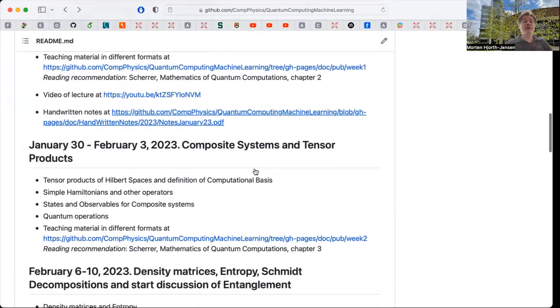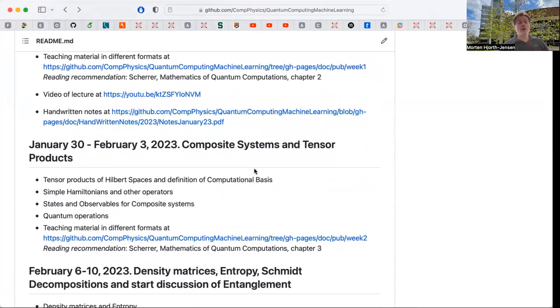Now, for this specific week, what we are going to continue with is the definition of tensor products and the definition of a computational basis, just a repetition of that. We are going to look at some simple Hamiltonians and other operators, and we're also going to look at quantum operations and specific types of matrices, which many of you have seen before, like the Pauli matrices.